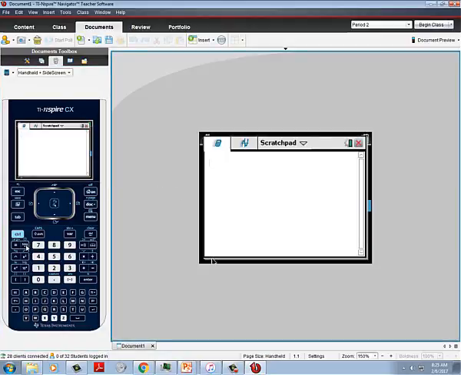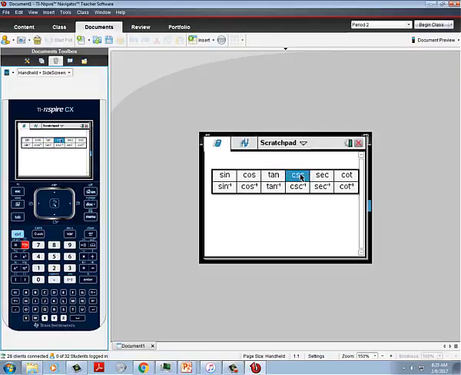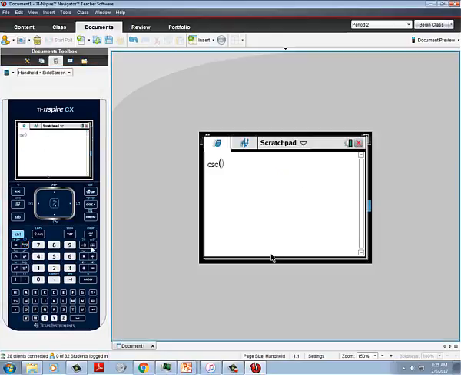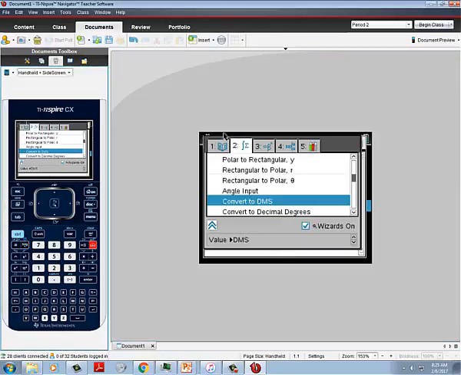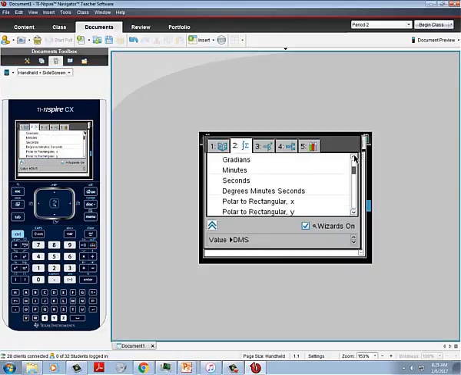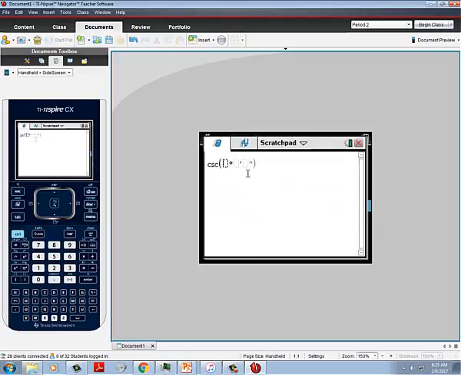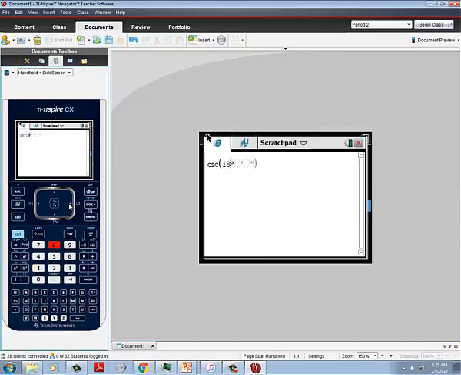Okay. Now I'm going to go to my scratch pad and get my cosecant in there. Then I want to go to my book button. And, oh, it's not the third tab, it's the second tab. The second tab at the top gets us, if you go down to where it says degrees, minutes, seconds, and I click on that, it sets it up for me. And it was supposed to be 18 degrees and, oops, 51 minutes.